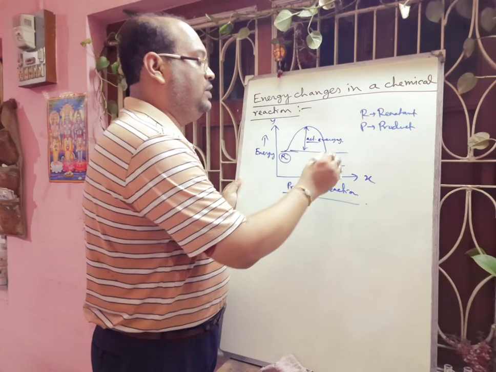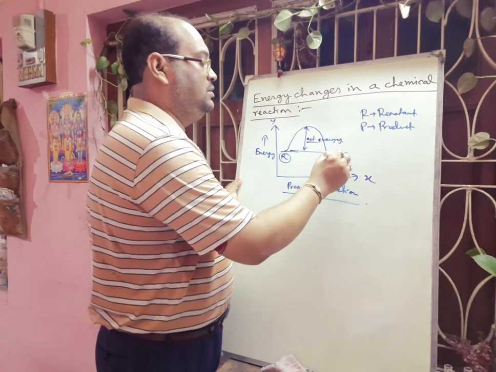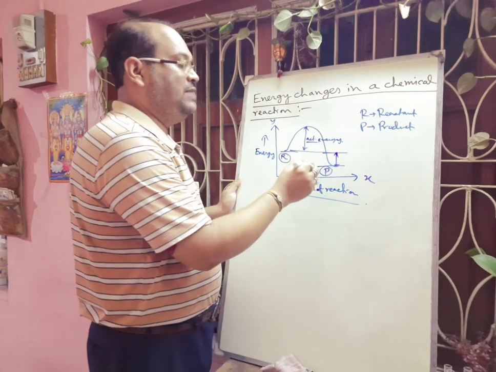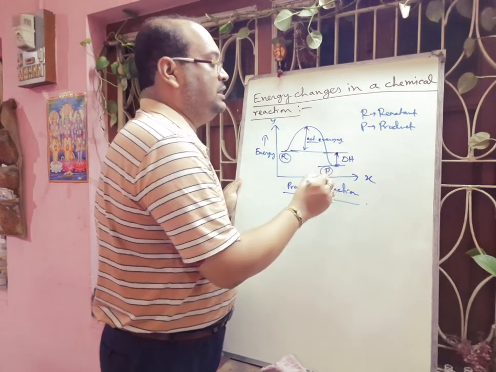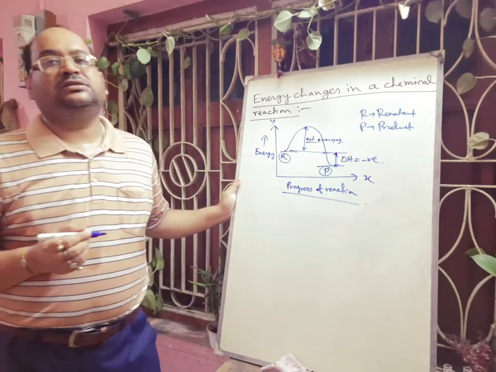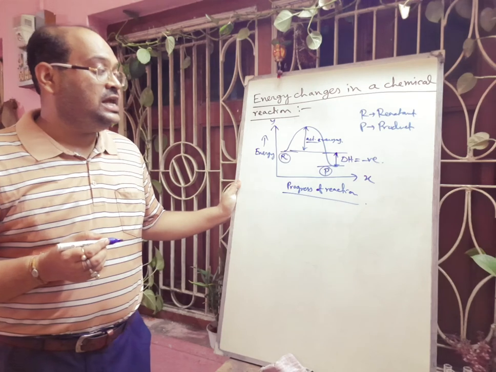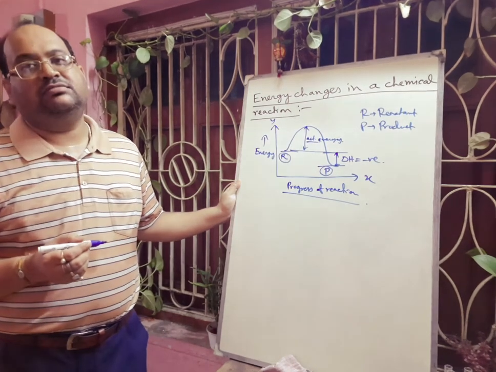the reactant and product, this will be definitely negative if we write product minus reactant, and that is delta H is equal to negative. So it is indicating that this is the reaction coordinate or reaction graph of an exothermic reaction.